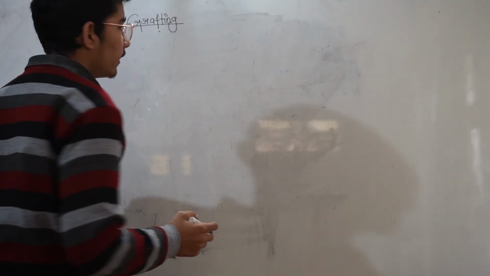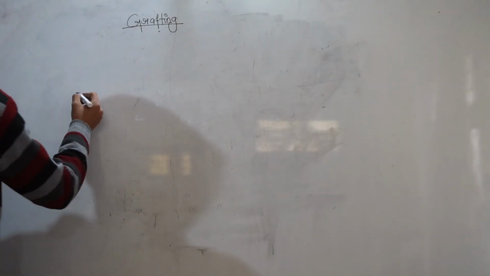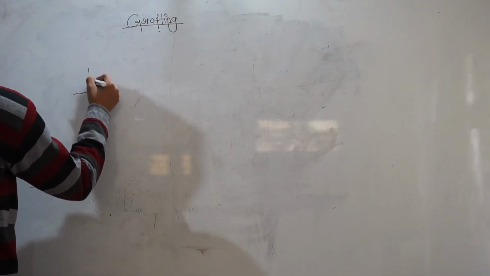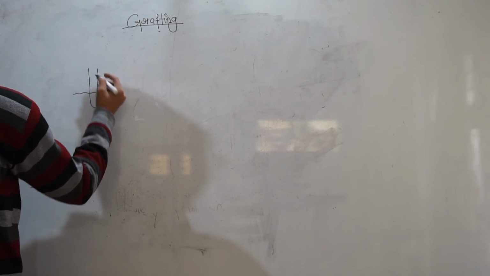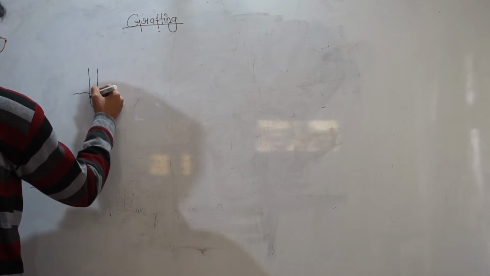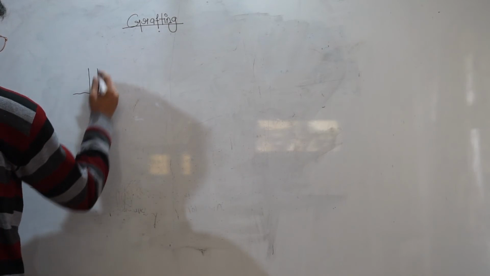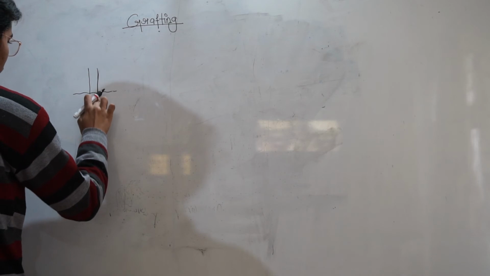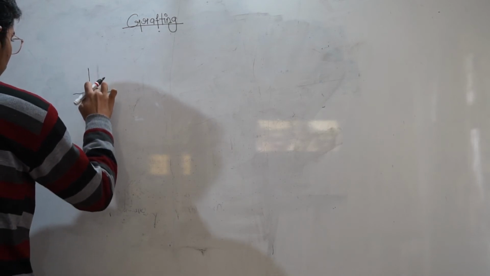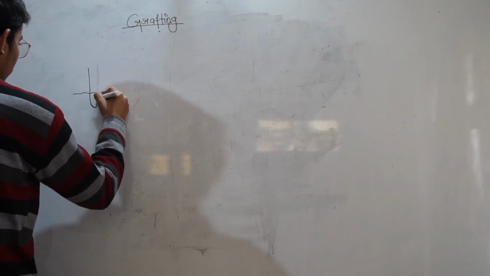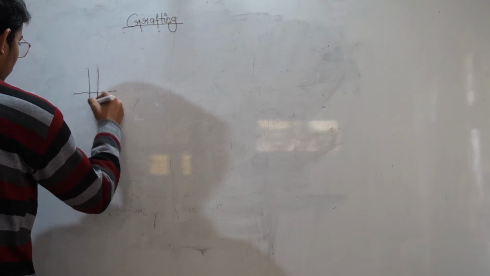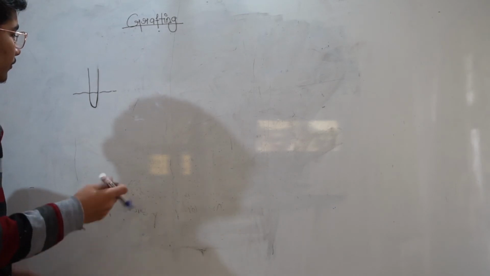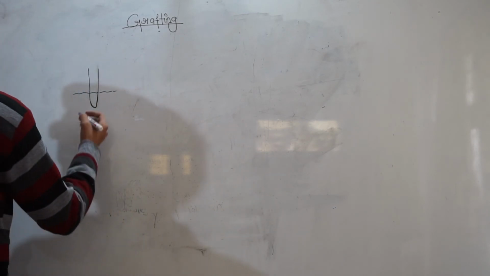So let's say this is soil, this is a plant, and let's say this plant is composed of a weak root system.